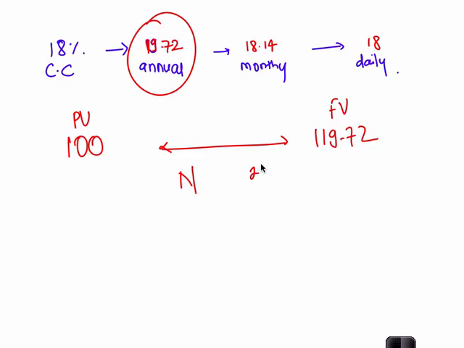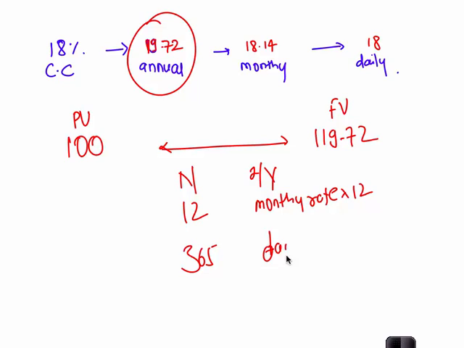So if n changes, IY will change, but present value and future value would not change. If you keep your n as 12, it will give you a monthly rate, and then multiply that monthly rate with 12, you get the annual rate. If you keep it as 365, it will get you the daily rate, and then you multiply with 365. But the rule is that present value and future value would never change. That's how you get equivalent rates.